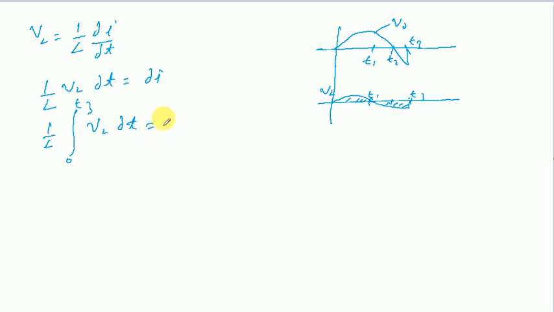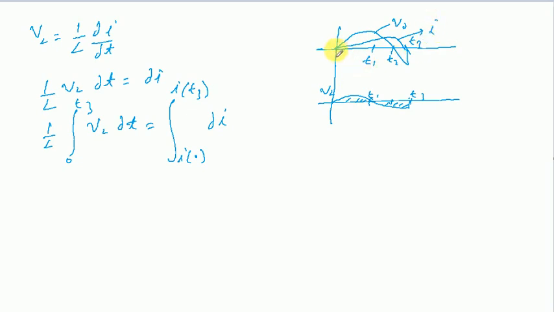okay, so the current that is flowing through this circuit during this time duration, that is from time t equal to 0 to time t equal to t3. Basically, if we remember the waveform of current, it was something like this for this time interval.